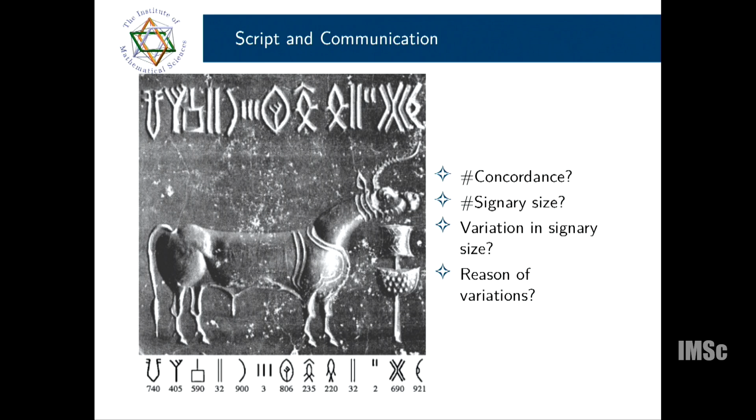Simply, we assign numbers to each sign, and even that we haven't done. Multiple scholars have already done all these things. There is one dedicated talk on this, on who did all these concordances.